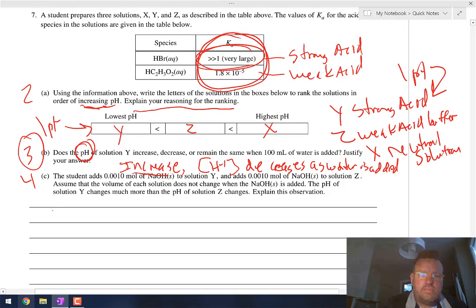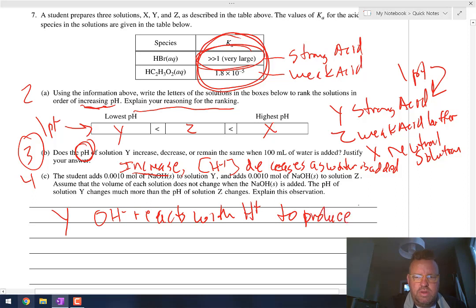So in solution Y, the OH minus reacts with the H plus to produce water, which raises the pH.